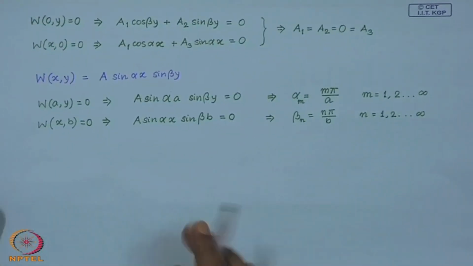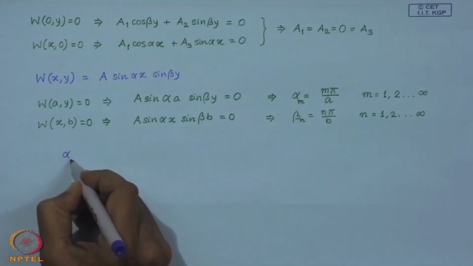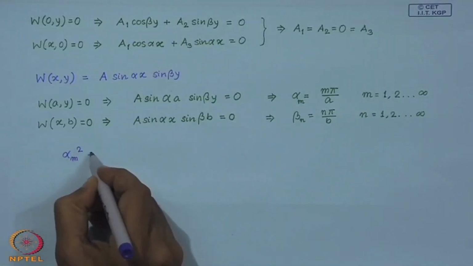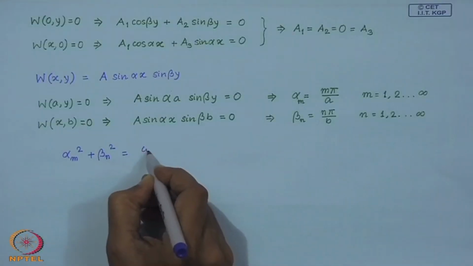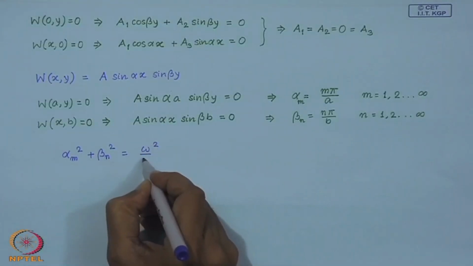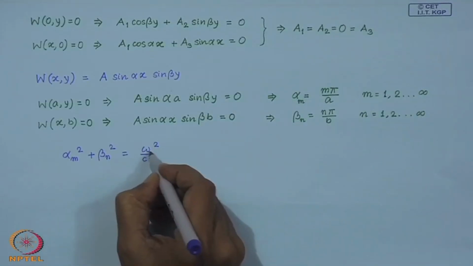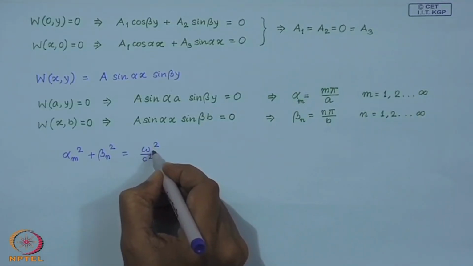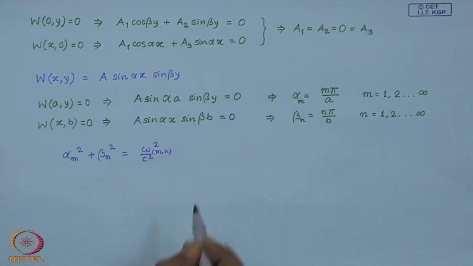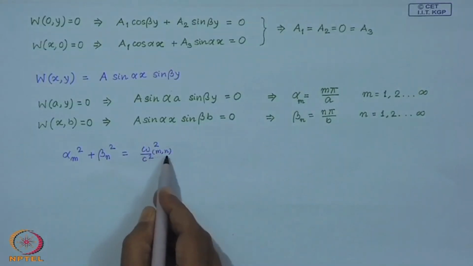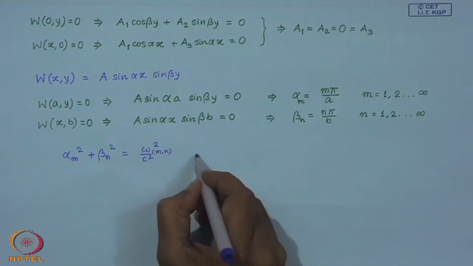So, then finally, we recollect that alpha m square plus beta n square must be equal to omega square over c square. Now, this should also therefore get indexed. I will write as m comma n within brackets.